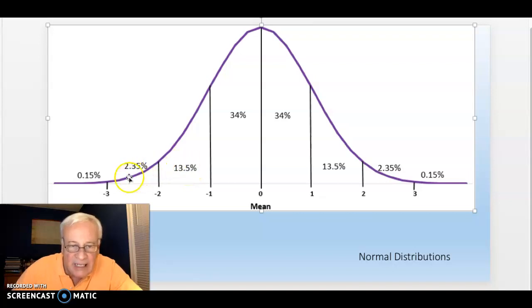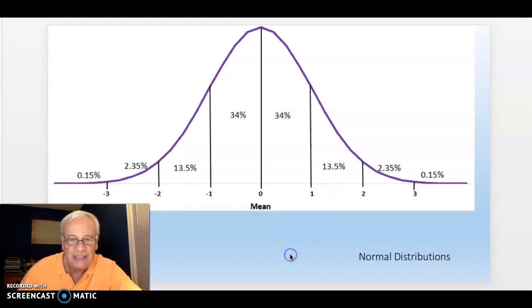Now outside of 2 standard deviations is 2.5%, okay? And outside this way is another 2.5%. So if you add up these 4 in the middle, you get 95%. So 95% of the data is within 2 standard deviations of the mean. It's a very important concept to keep in mind.